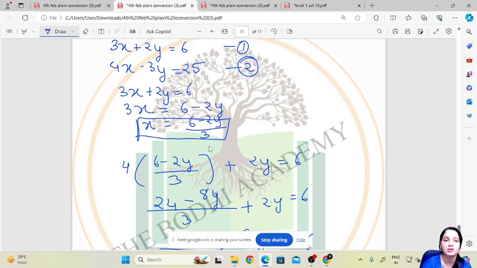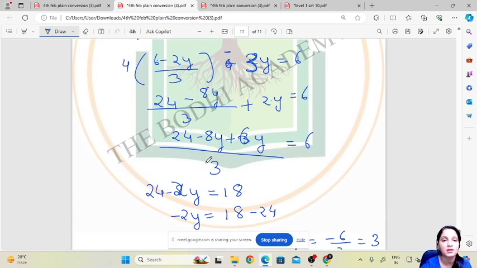Sorry, this is 4x minus 3y, okay, equal to 25. Then minus 3y, this is minus 9y.